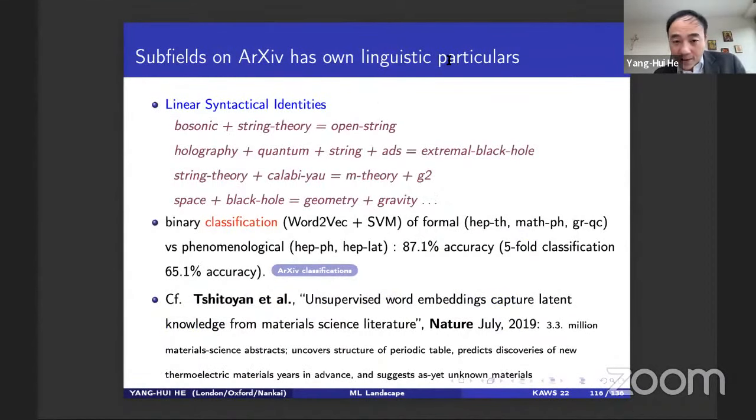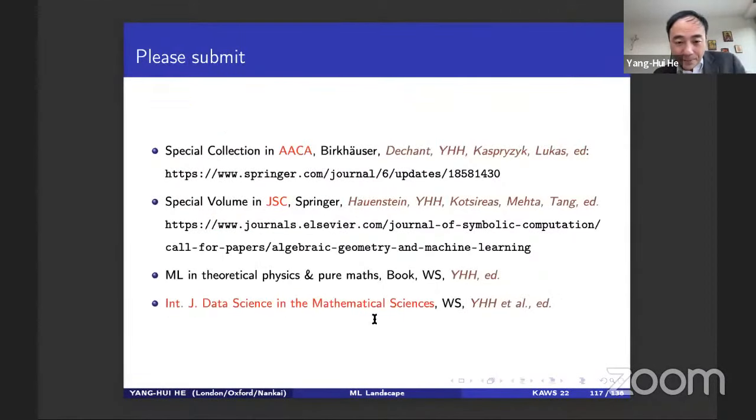So since my time is up, I won't bore you. There have been various volumes I've been editing, just trying to push for this paradigm, not just to machine learn the string landscape, but to really machine learn all of mathematics, in a complementary direction towards this ATP program of building up sentences of mathematics from the top down.